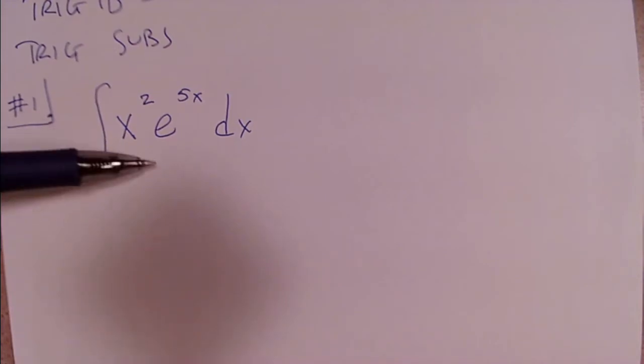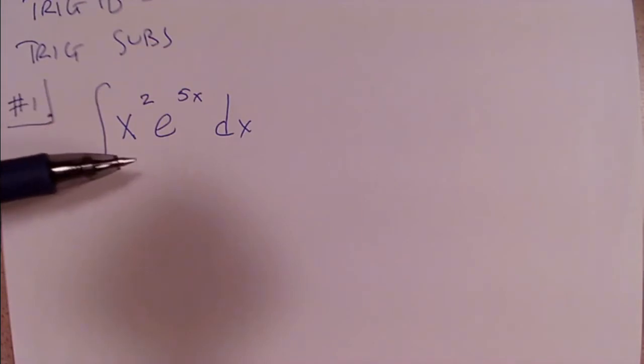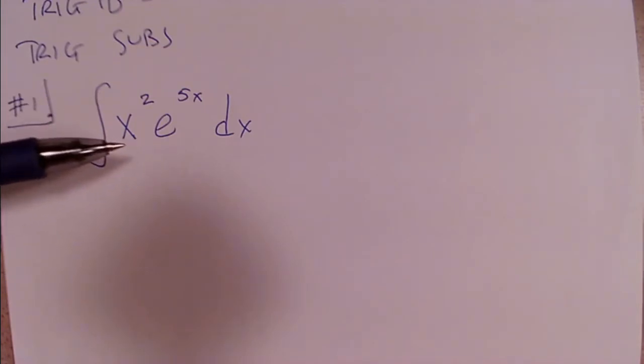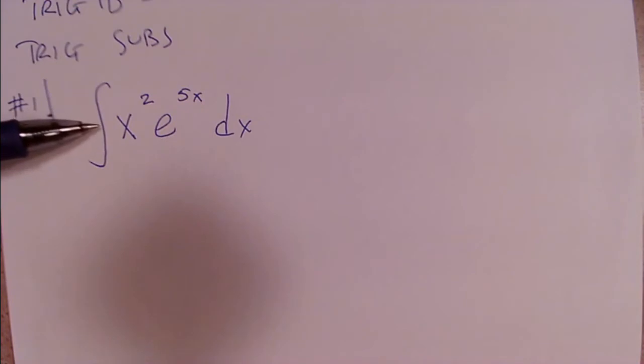So when I have a problem like this, the first thing I'm going to think is either substitution or by parts. I'm not going to think partial fractions, because partial fractions is usually when you have rational expressions to integrate. So polynomial on top, polynomial on the bottom. So this e to the 5x, this function right here, sort of takes partial fractions out of the running. Trig identities and trig subs, we'll talk more about those later, but there's nothing trigonometric about these.